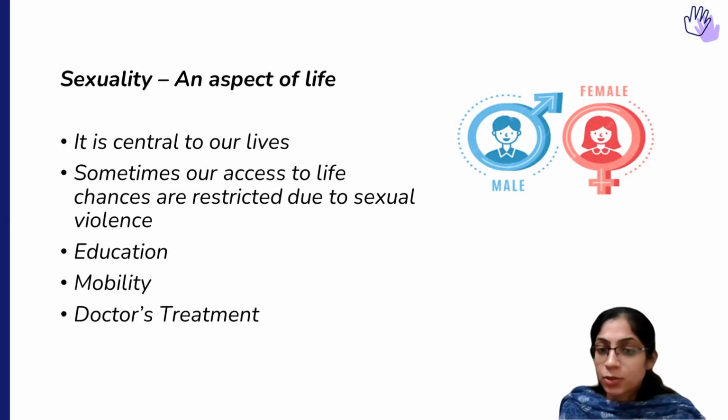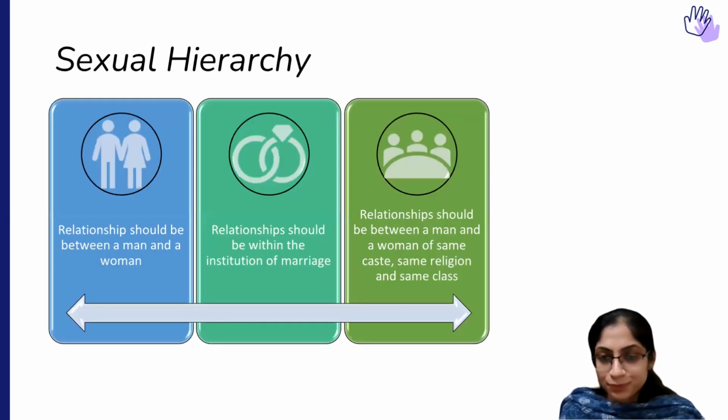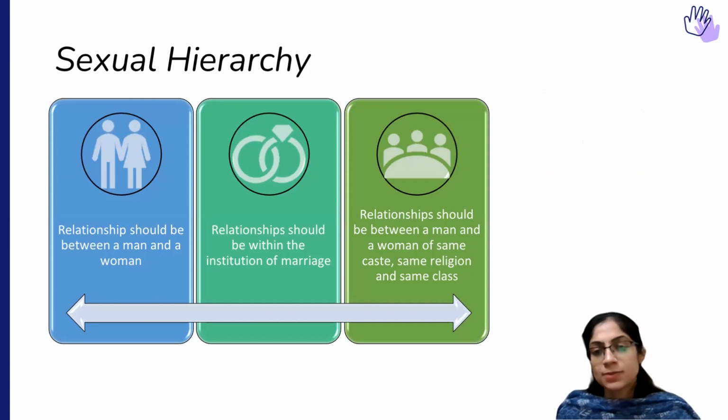That's important to our daily functioning of life. Now, the next concept that we look at is the sexual hierarchy. We've understood sexuality, how it is a multifactorial term, how it affects our society, how it has multiple aspects, and how it is central to our everyday life.